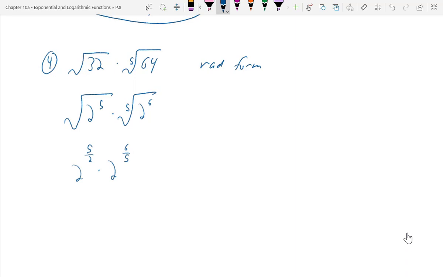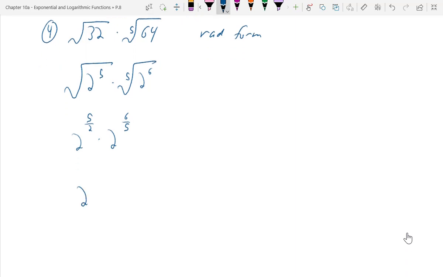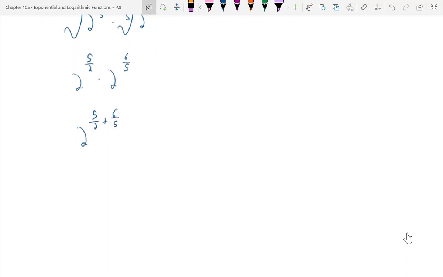That is not 4 to the anything. Do not make 2 times 2 be 4, because that's not 2. It's 2 to a power, 2 to a power. So the total number of 2's has to be 2 to the 5/2 plus 6/5. You guys all know how to add 5/2 and 6/5. Yes, you do. 2 to the 37/10.